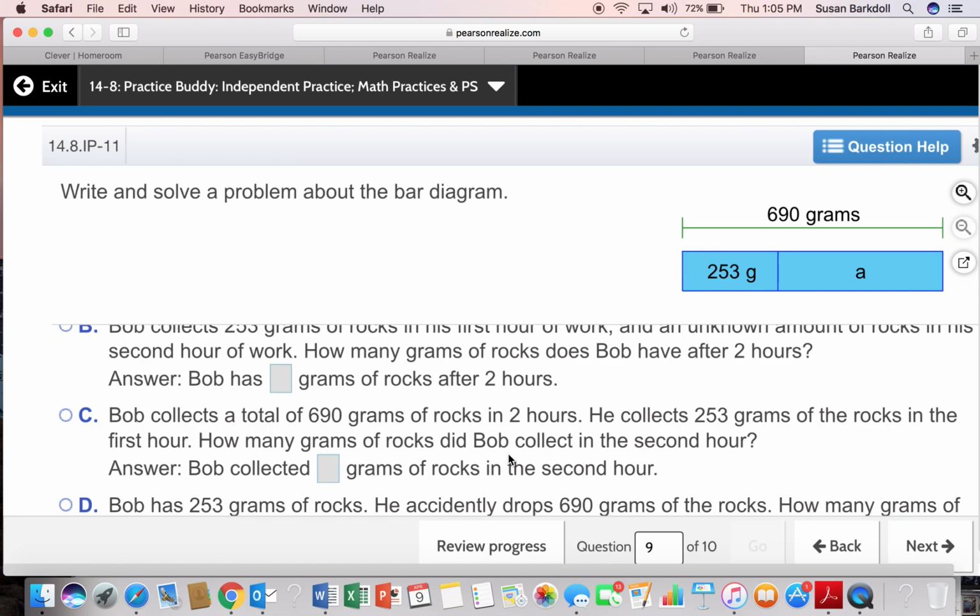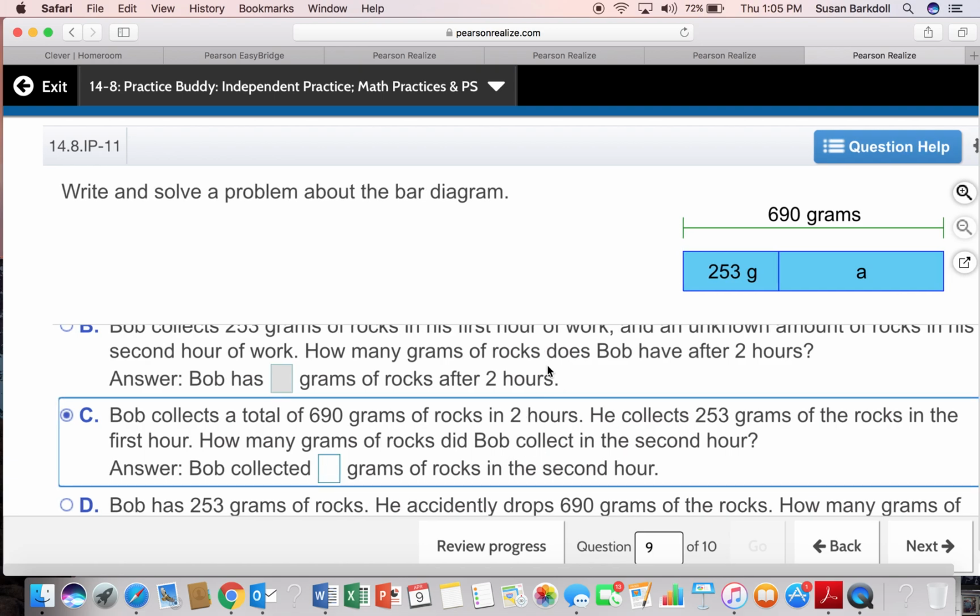C is looking very promising. Bob collects a total of 650 grams in 2 hours. He 253 in the first. How many in the second? Well, that makes sense. So 690 take away 253.